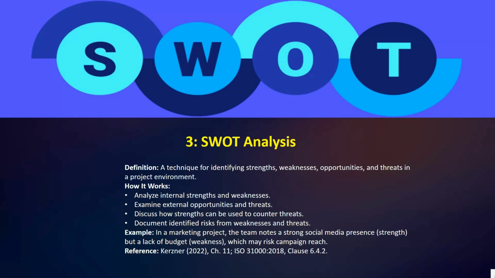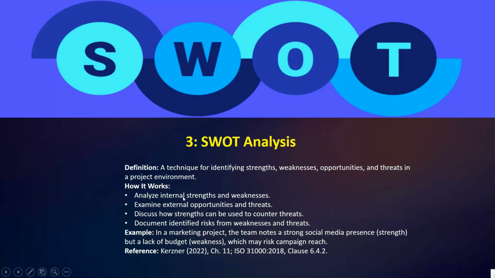And for the opportunities, you can say a new technology. And threats, for example, market competition, we can add. So by mapping these factors, you can identify risks that stem from the weaknesses or external threats.